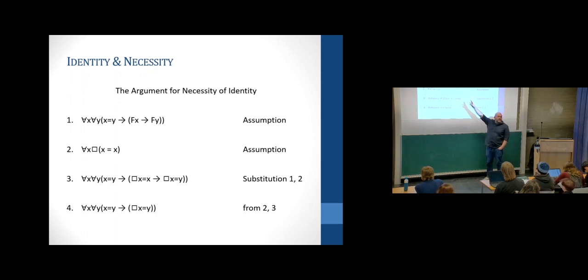Everything is necessarily self-identical. We then plug in a property, and the property we plug in for F is being necessarily identical to x. We slot that in here in place of the F for the antecedent. And of course, we also have to plug it in place of the F in the consequent.